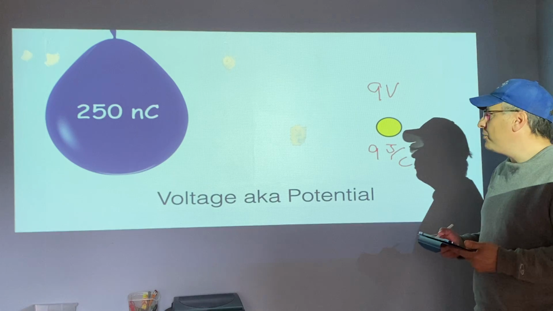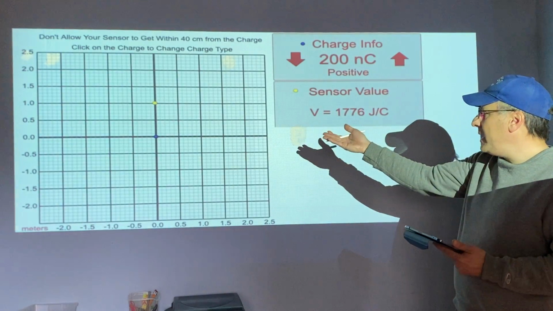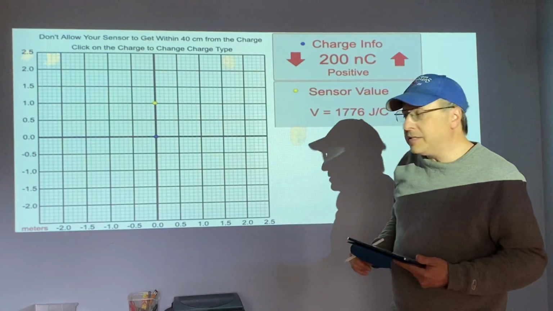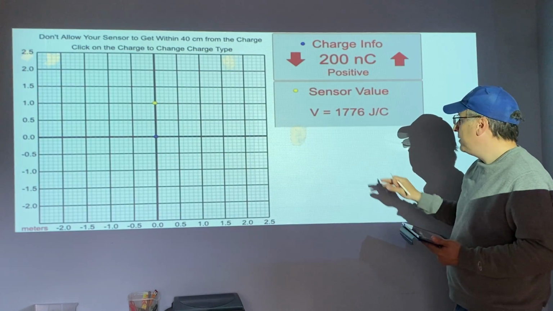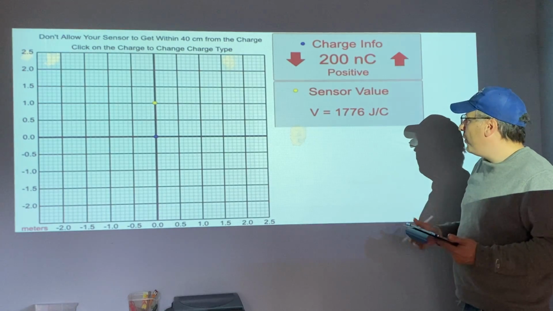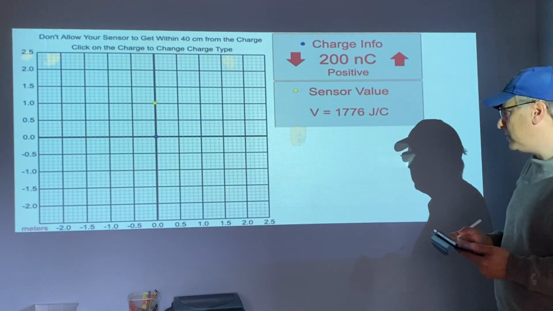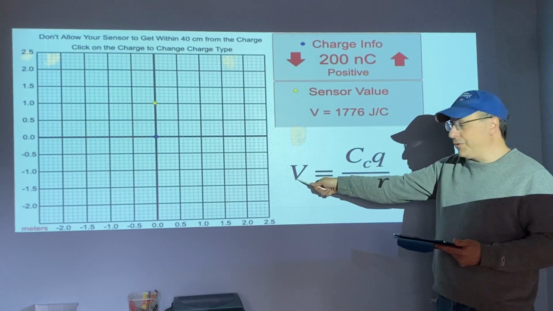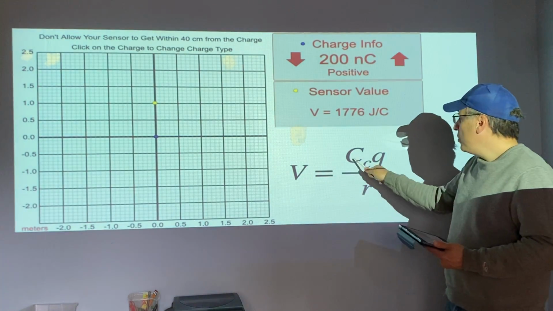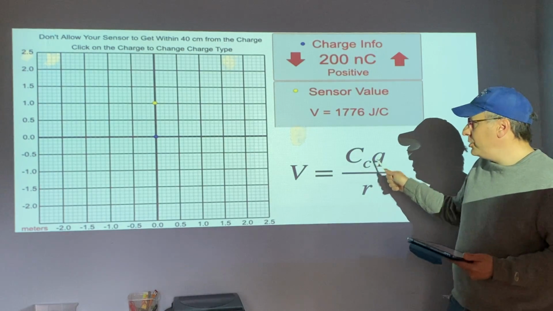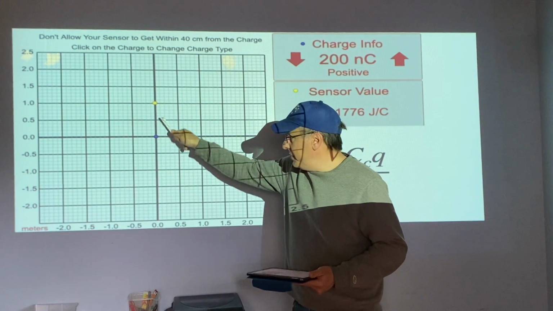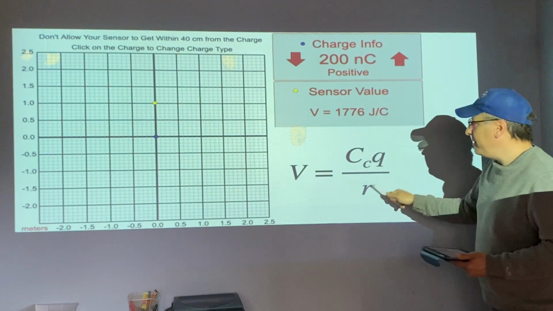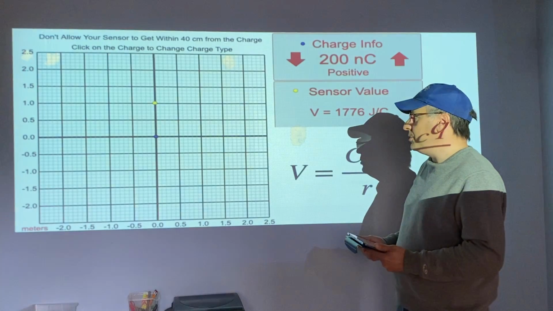Let's make a more concrete example. Let's take a 200 nanocoulomb charge, place a sensor some distance away, in this case 1 meter, and we would calculate a voltage of 1776. Hopefully you remember that the equation looked like this: voltage, or potential, equals the coulomb's constant times the charge, this is the charge that was already there, not the one you're placing, divided by the distance we are from that charge.